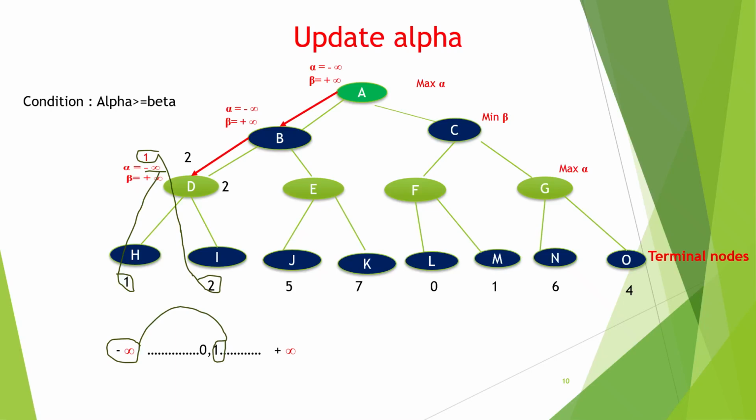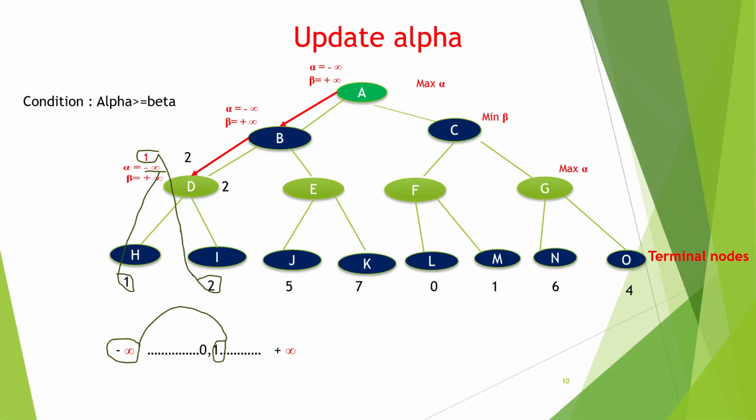He has to compare its initial value, minus infinity, with the utility value of the node H. Compare which one is maximum. Minus infinity and 1, which one is maximum?